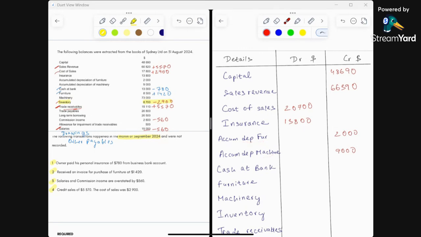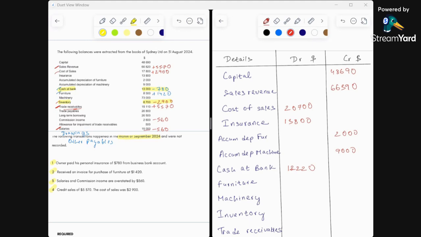Next, we've got the cash at bank, which is obviously an asset account because it refers to the funds available in our bank account. And there is an adjustment, which is to subtract the $780 from 13,000. So 13,000 minus 780 gives us 12,220. And because cash at bank is an asset account, obviously the balance will be on the debit side.